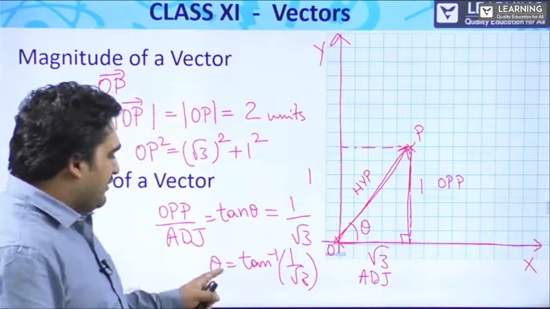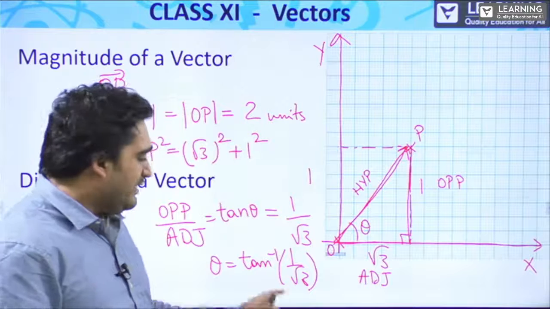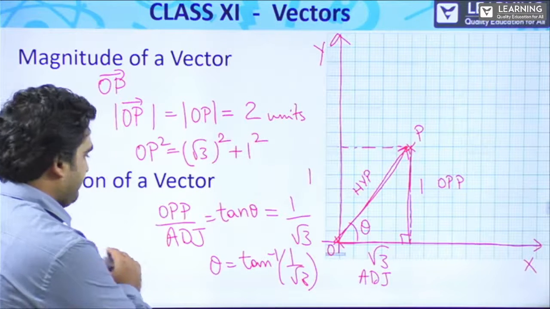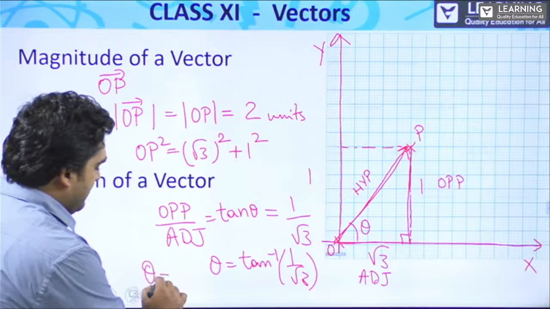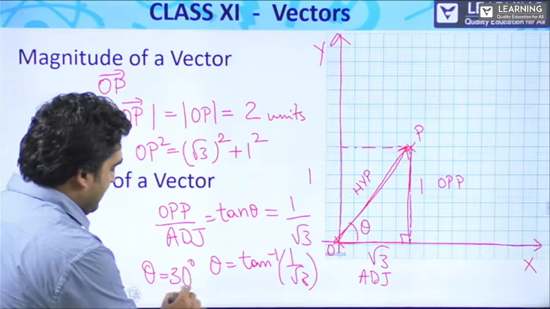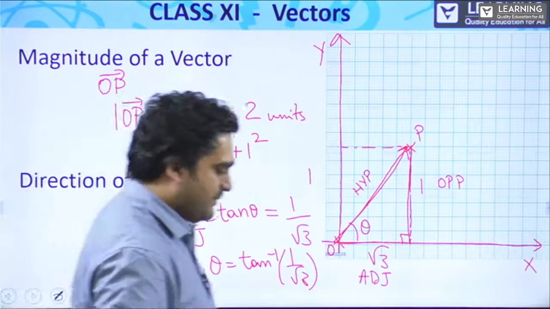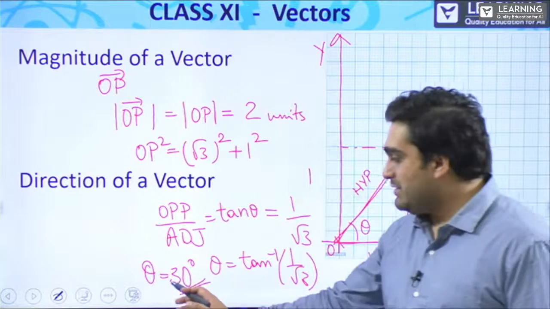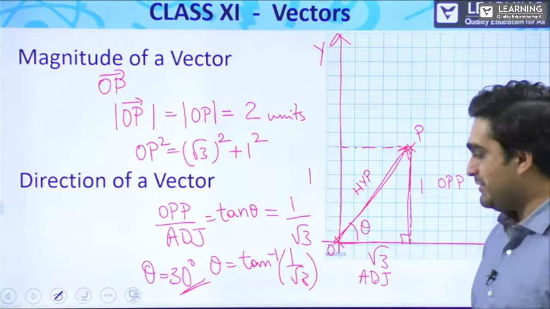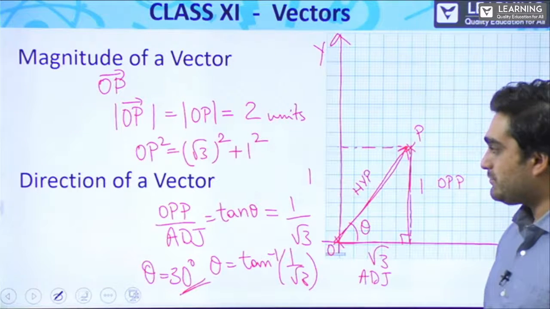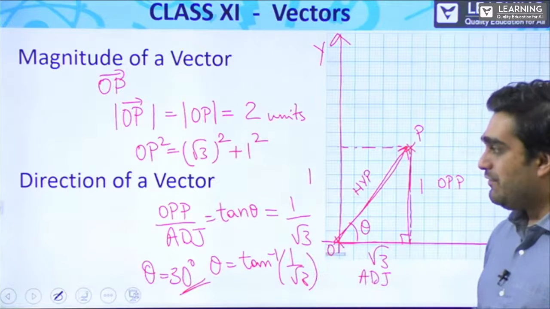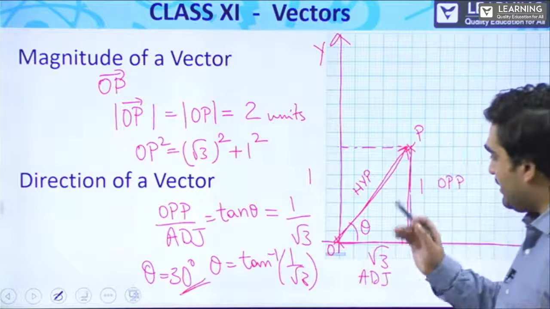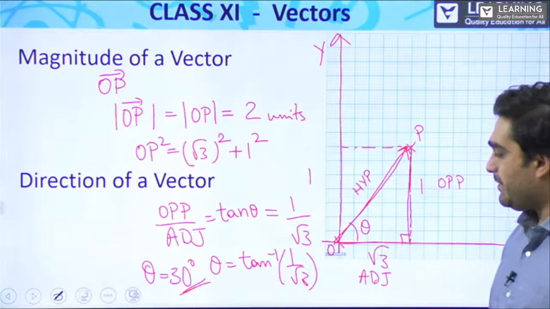There you will see the angle it relates to is theta equals 30 degrees. So tan inverse of 1 by root 3 is 30 degrees. So this is how you find the magnitude and direction using a graphical method.